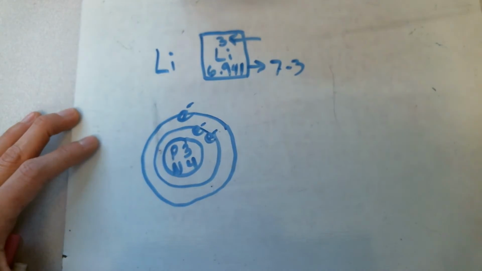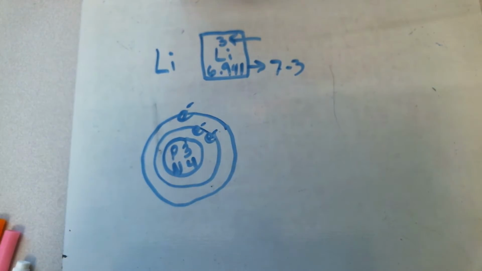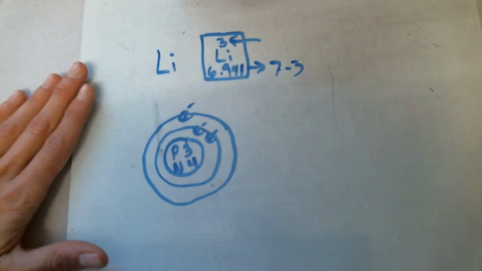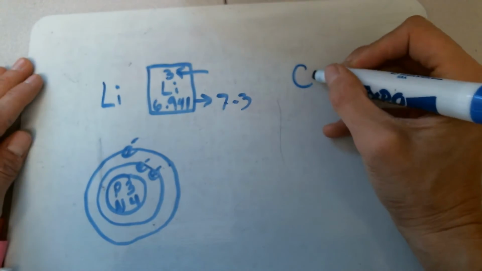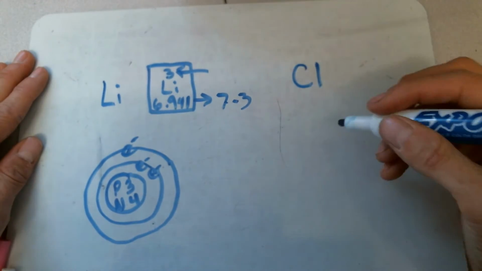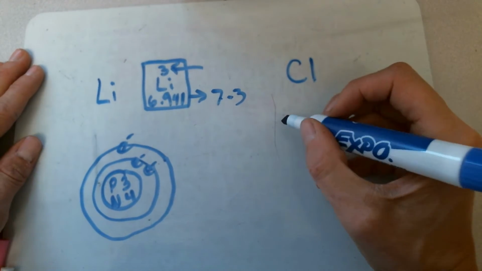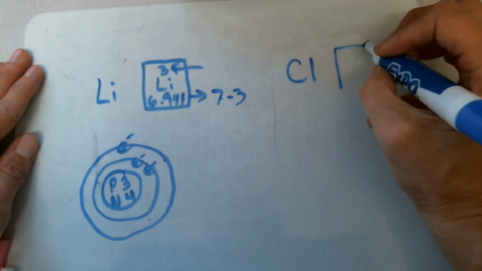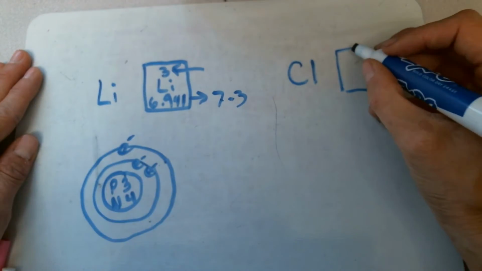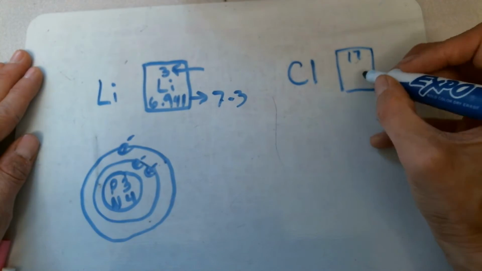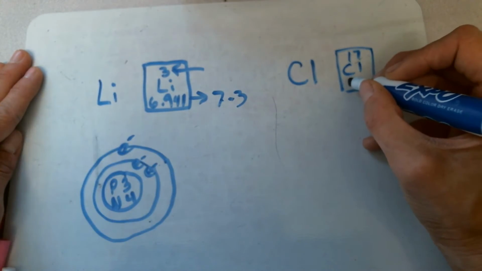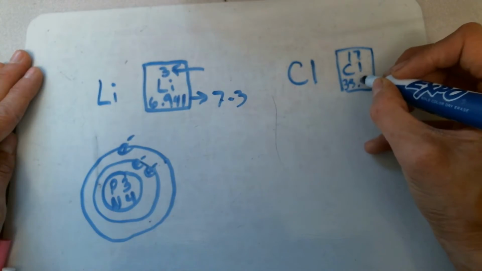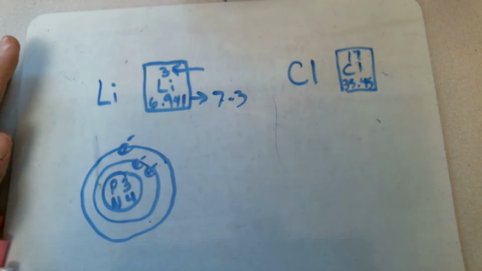I'm also going to draw an atom of chlorine. So let's look at chlorine. Chlorine has an atomic number of 17, and it has 35.45 as its mass number.